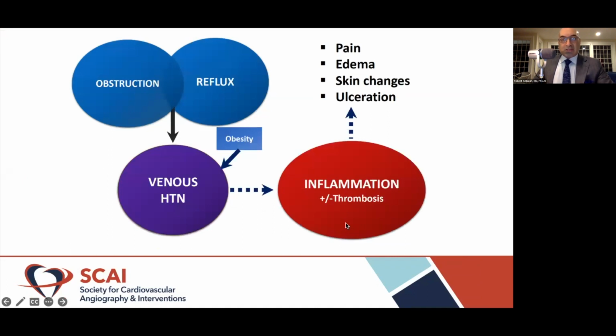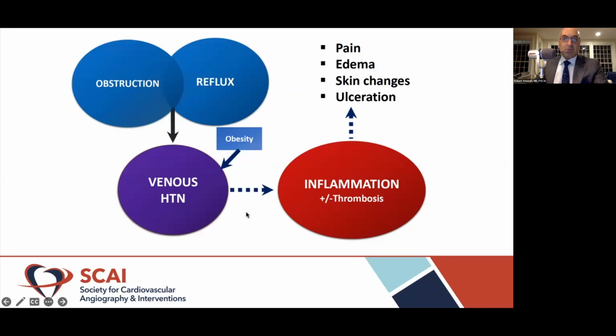I think this graphic very nicely sums up from a bird's eye view what venous insufficiency of the lower extremities is about. It is a condition of ambulatory venous hypertension that can result from obstruction, reflux, or both, and the sum total of that can lead to and be associated with inflammation, even thrombosis, and a whole variety of symptoms.